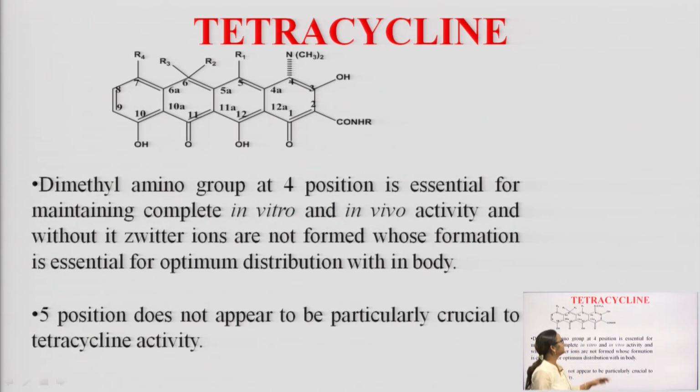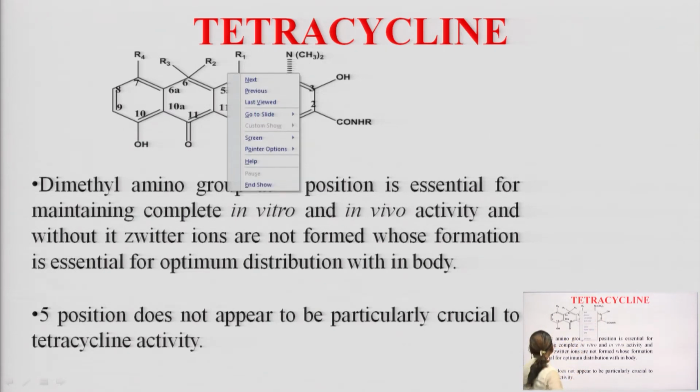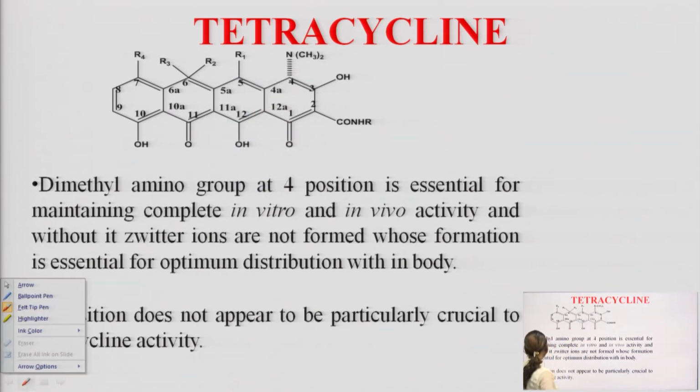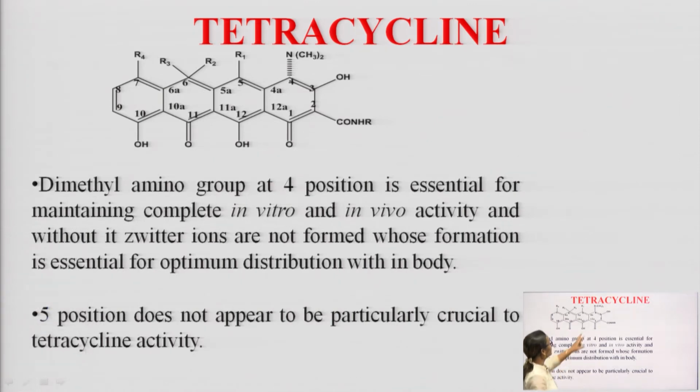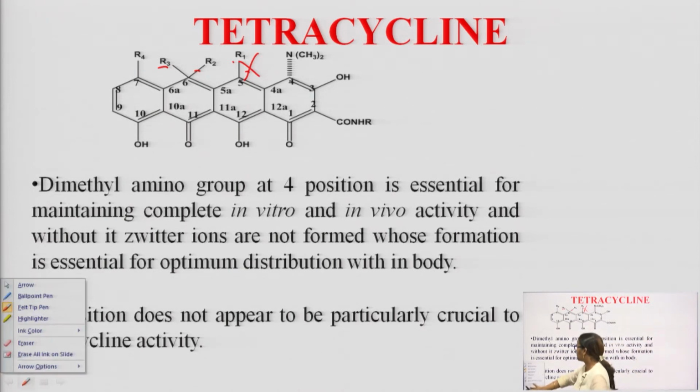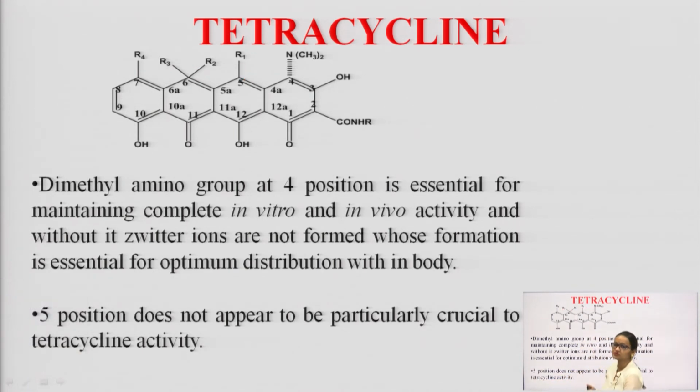So, we have seen that N(CH3)2 is very essential, and we have also seen in the structure of all tetracyclines that all have this. Okay. Now, the 5th position does not appear to be particularly crucial. Why? It is obvious, these are substitutions. If we do not substitute this position, the activity will not be reduced. Okay.